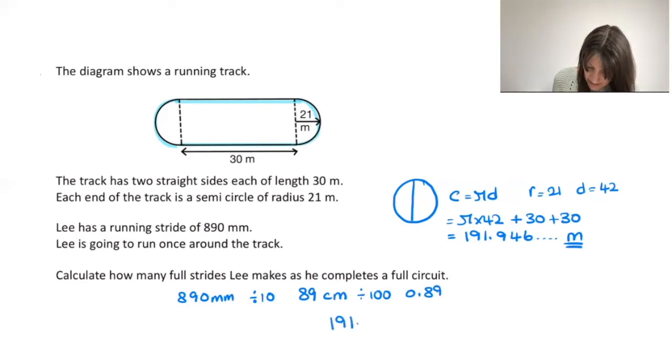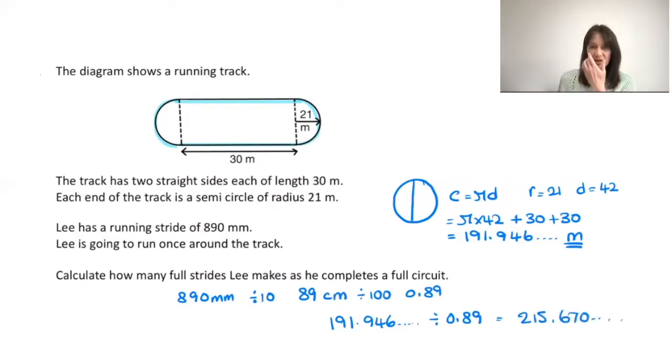So I'm going to take the total distance, 191.946. It's on my calculator display, just waiting to be used. I'm going to divide it by 0.89, which is going to give me 215.67, and on it goes. Okay, we're being asked to calculate how many full strides.